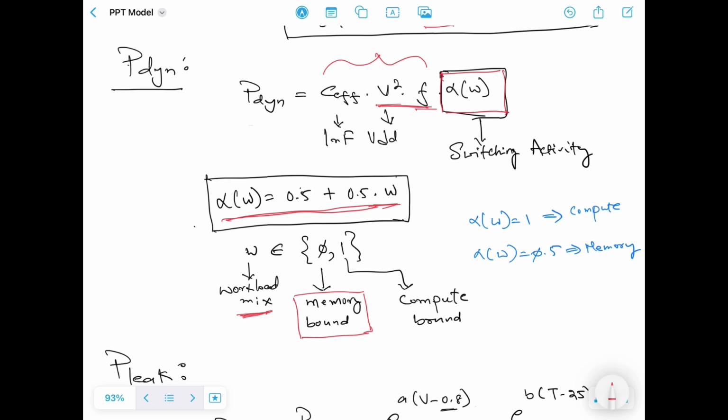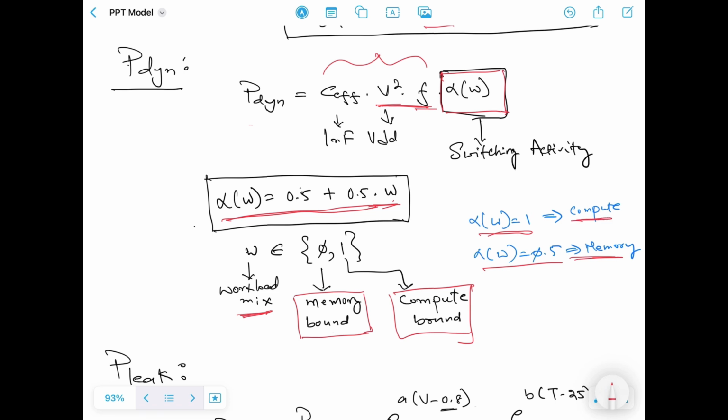And if it's set to 1, then it is in full compute mode, and the transistors in the processor are switching. So if we set W to be 0, we get alpha of W to be 0.5. If we set it to 1, we get 1. So 0.5 means memory, and 1 means compute.